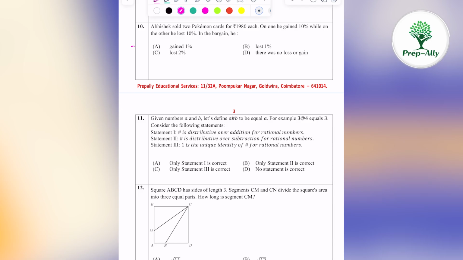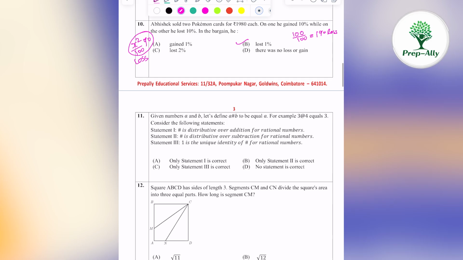For this kind of question, if he sold two things at the same amount, and on one thing he got x% profit and on another x% loss, then in this case the person will always have x square by 100% loss. So basically 10% profit and 10% loss, x square means 10 square is 100 by 100, which is 1% loss in this case. So here the option B is the correct one.